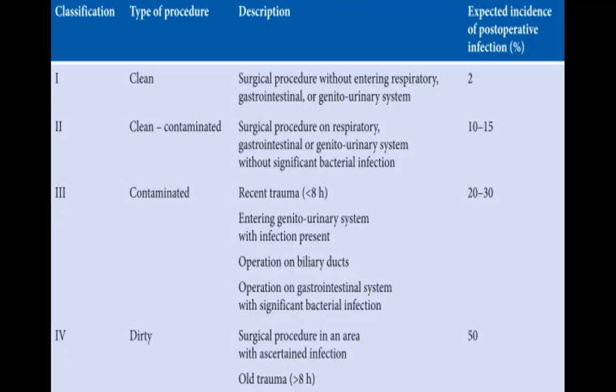Well, this procedure, the dental implant placement, could be called clean contaminated, because in the oral cavity it is not possible to achieve complete sterility. It's not like if you're doing open heart surgery. When you're doing open heart surgery, it should be absolutely sterile.